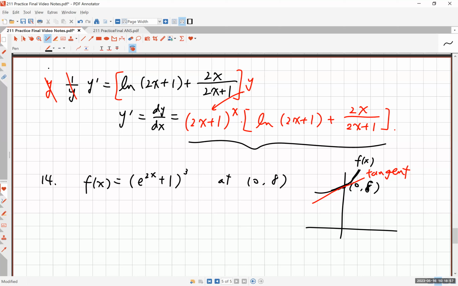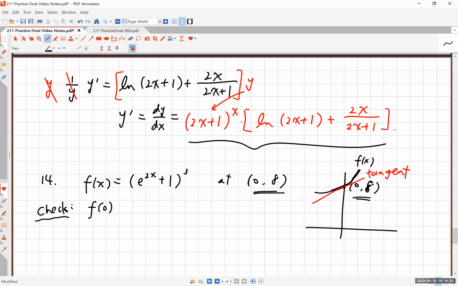All right, so what do I have to do? Oh, by the way, is that true? Because this is a question asked in the practice test, you would assume that this is a well-written question, right? That this f is supposed to go through the point (0, 8). Let's just check first to make sure that this is a doable question.